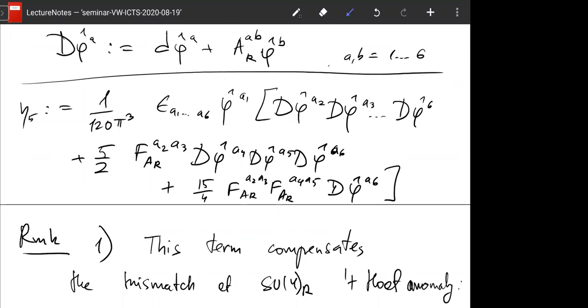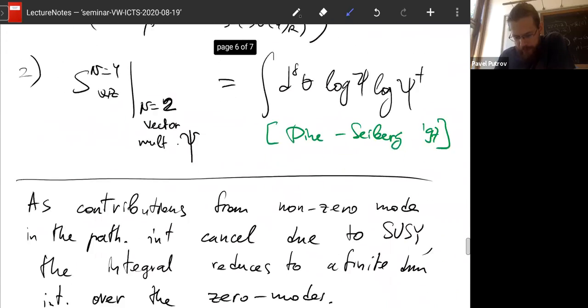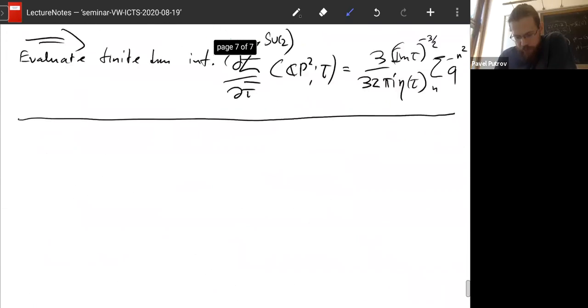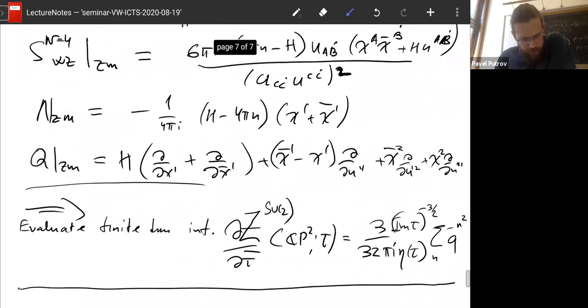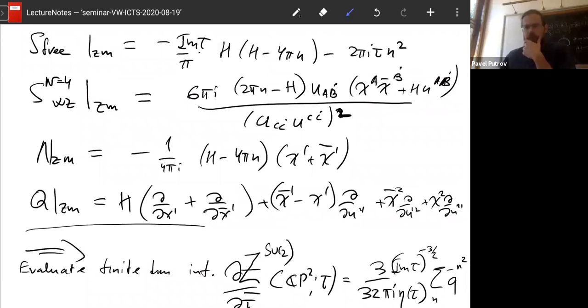I see. Okay. But one can generalize this to other manifolds with b2+ equals 1.